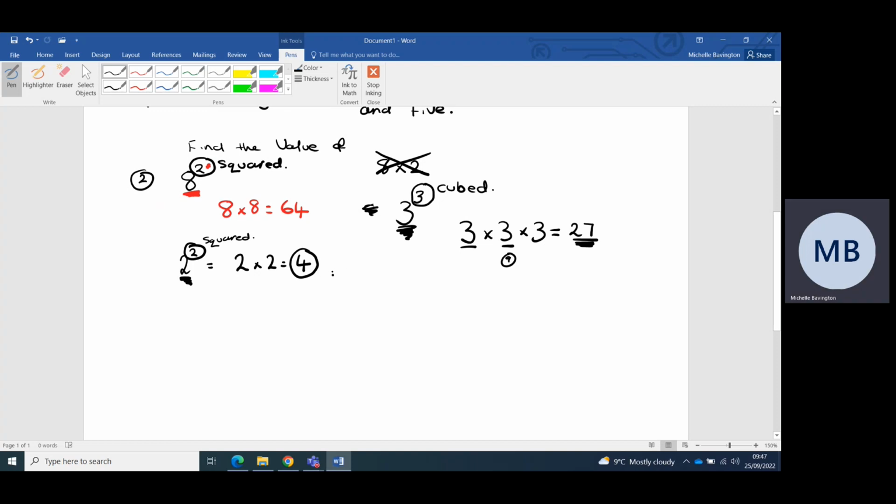So then people tend to go 3 squared equals 3 times 2. No, it's what you see and how many times. So I see a 3 and I see it twice, which equals 9.